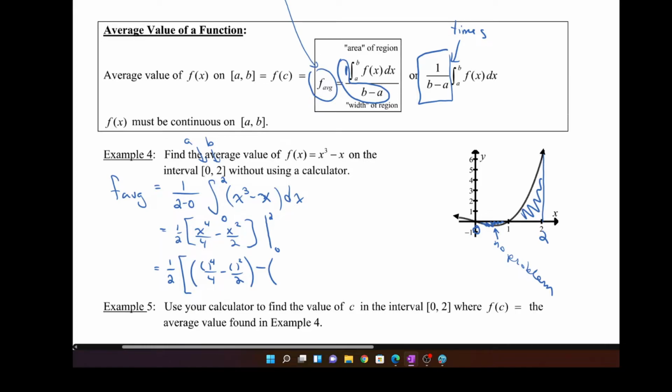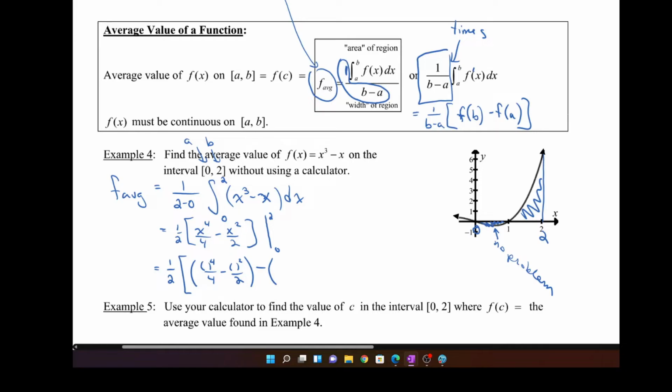So the average value, another version of that, could be 1 over b minus a times f of b minus f of a, if what I was starting out with was the derivative of something, right?